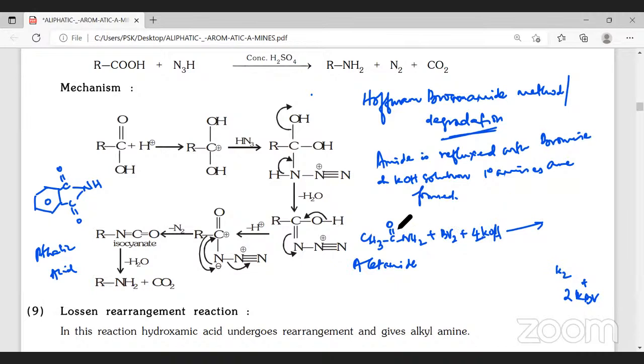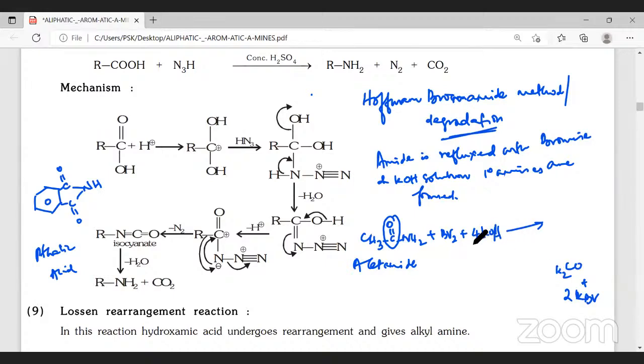And this carbon, CO. This another 2 potassium will react with the CO, and you can see 4 oxygen atoms are there.